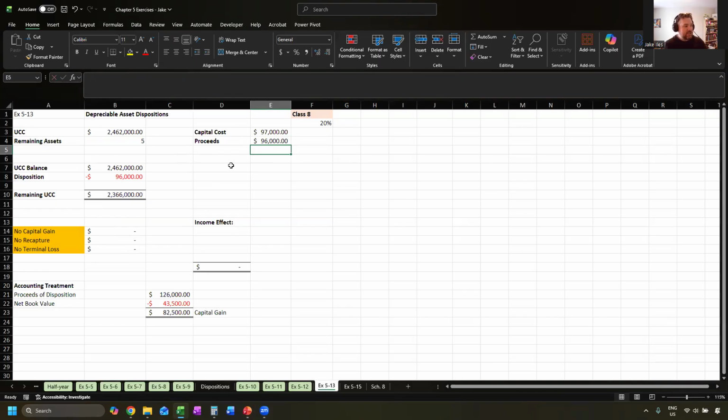So in this situation, we have a disposition, but we still have UCC, we still have assets. The proceeds was less than the capital cost. So there's no tax effects. There's no tax consequences from that disposition. We will simply do the CCA calculation and we move on to next year.